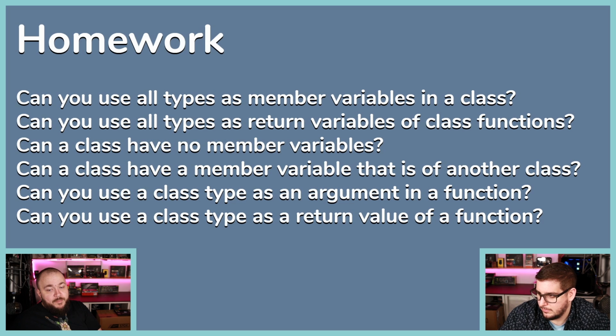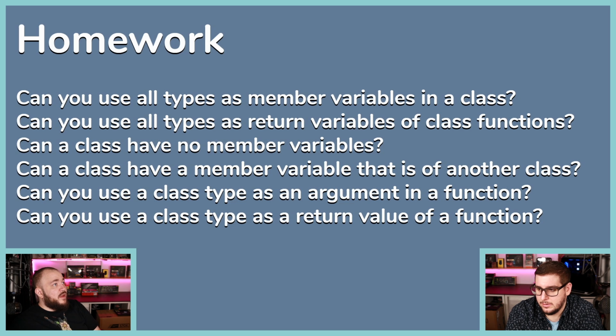Can a class have a member variable that is of another class? So you'd have two classes, but the second class has the first class as a member variable. Let's say we make enemy, like we did today. And then you just make another enemy in there? No, you would make another class.